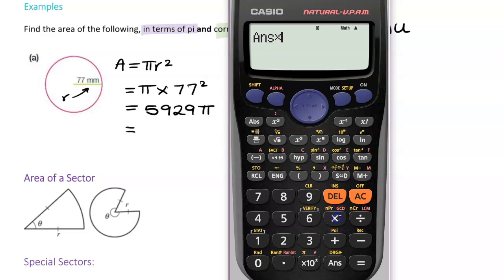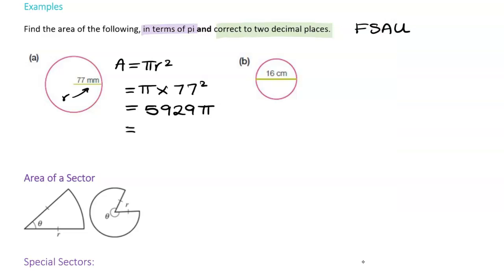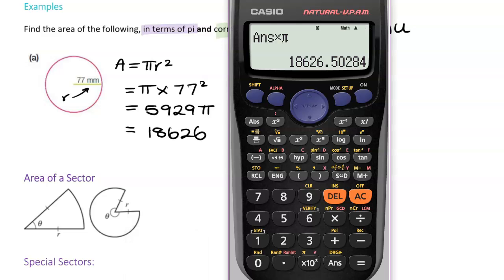You could just hit times on your calculator and it will remember that this answer here is the previous number that you found, 5,929. You could also type that in again, but if it's already in your calculator, why not use it? Let's use Shift Pi. Oh, and that tells us it's going to be 18,626.50 rounded to 2 decimal places.